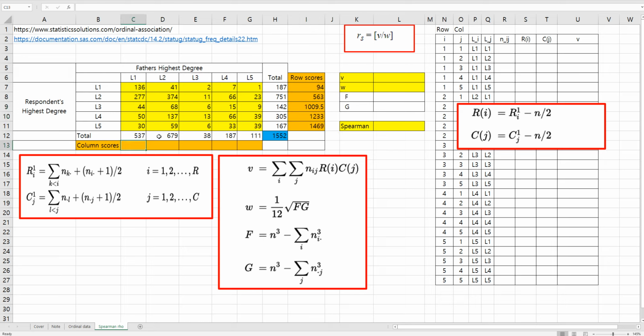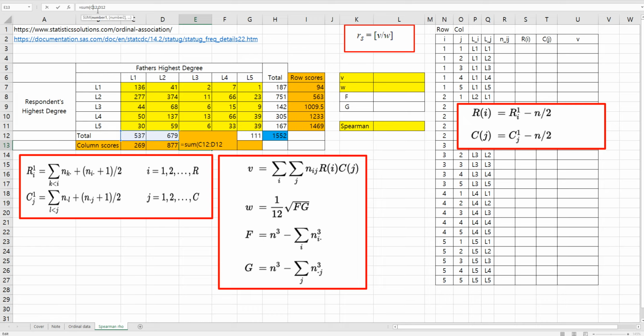Same approach for columns. Plus first column marginal sum, plus 1 over 2, and first column marginal sum plus second marginal sum, plus 1 divided by 2, and third column scores can be calculated by using the sum of first two column marginal sums.